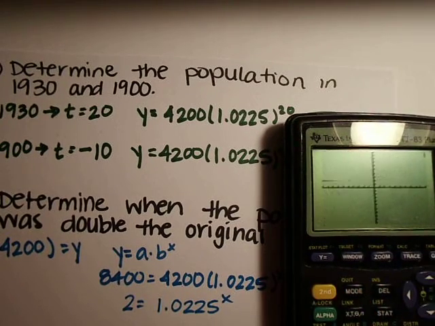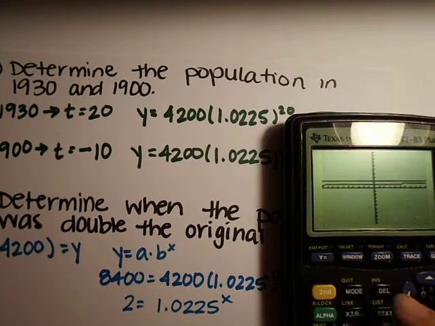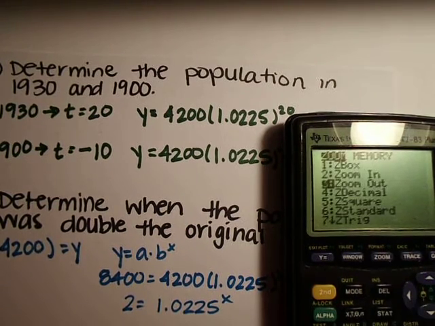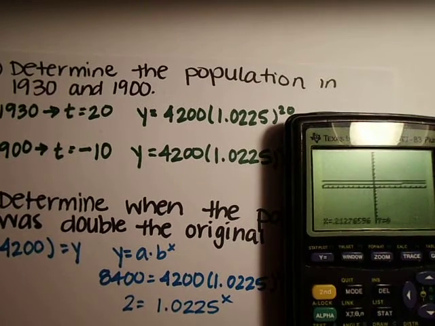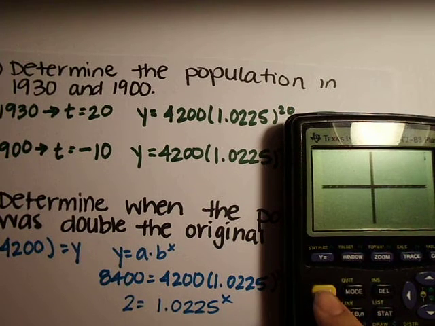So we go to our graph, and we see they're not quite crossing. The best way to deal with this is to zoom out. We'll zoom out. And you're going to calculate your intersection.